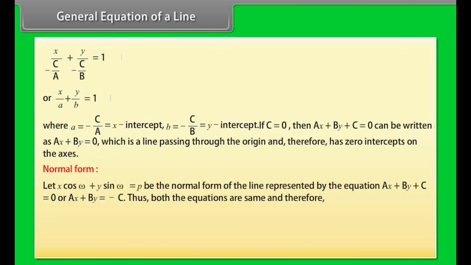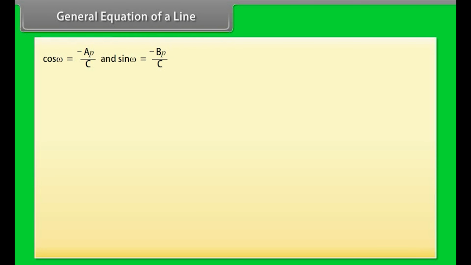Normal form. Let x cos omega plus y sin omega is equal to p be the normal form of the line represented by the equation ax plus by plus c is equal to 0, or ax plus by is equal to minus c. Thus both the equations are the same, and therefore a by cos omega is equal to b by sin omega is equal to minus c by p, which gives cos omega is equal to minus ap by c and sin omega is equal to minus bp by c.